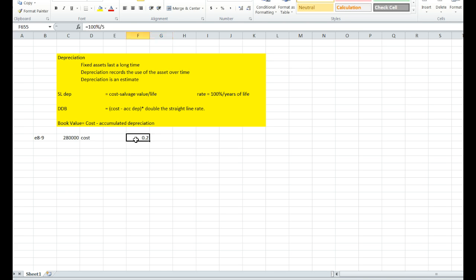Oops, actually I didn't want that to show up there, so let's put a space in front of it. And that's going to equal 20% depreciation per year. Okay, so let's start there.